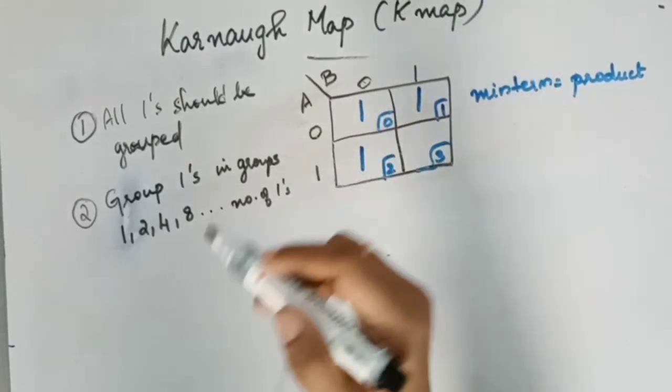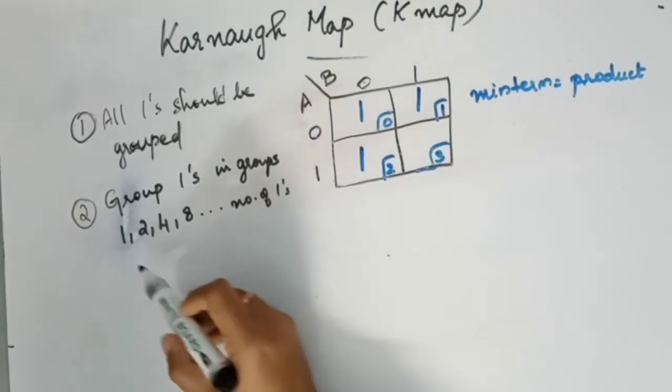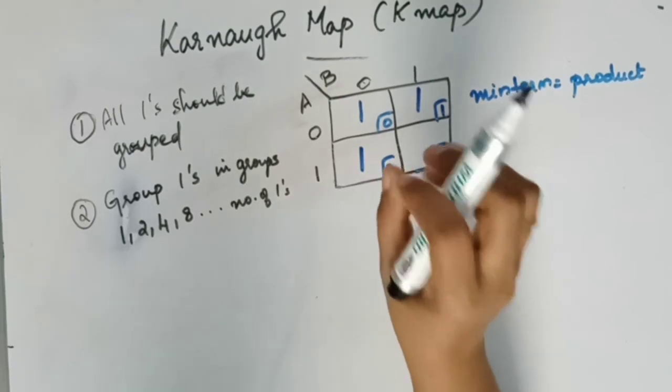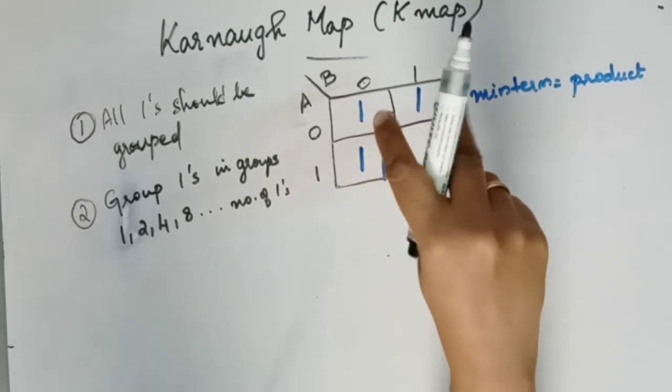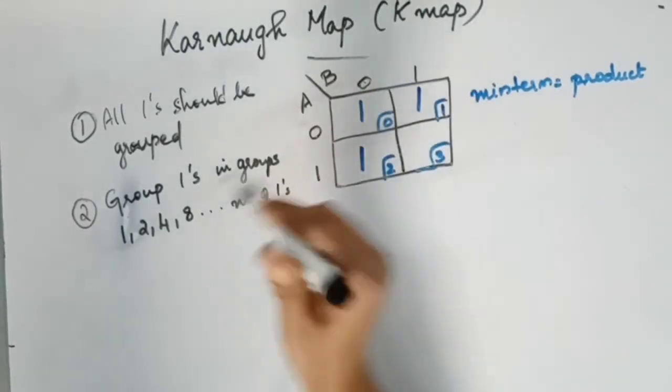Okay, that is, when you group, inside a group you can have so many number of ones. You can have a single one inside a group, you can have 2 ones inside a group, you can have 4 ones inside a group, you can have 8 ones inside a group.